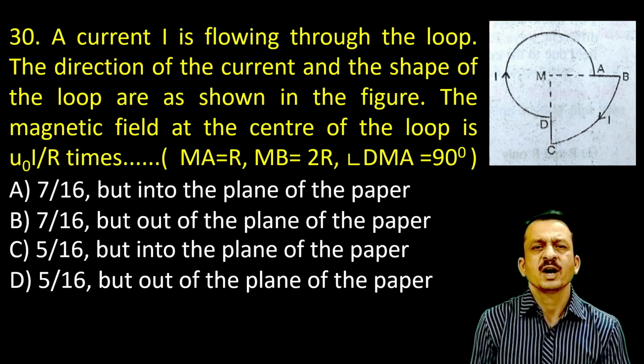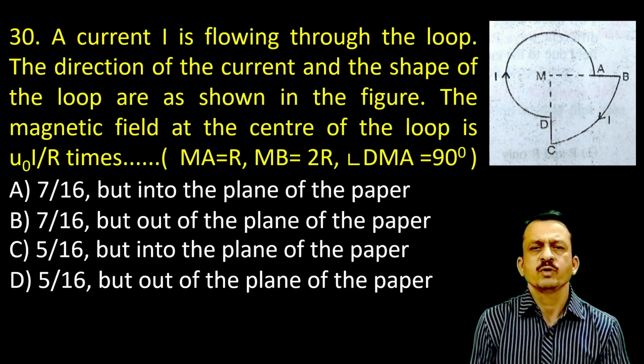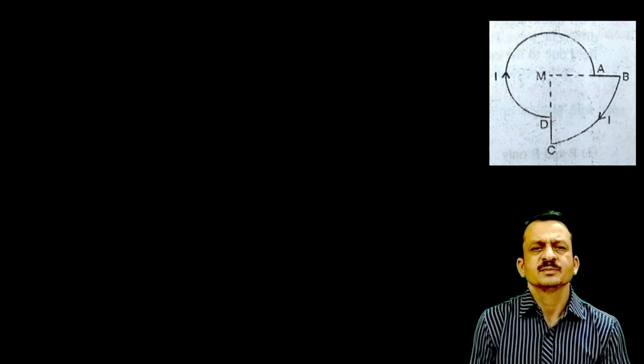Therefore the answer should be into the plane of the paper, so we can eliminate B and D because the direction of the field is out of the plane of the paper. Now we have to choose either A or C. Now we will work out the coefficient.